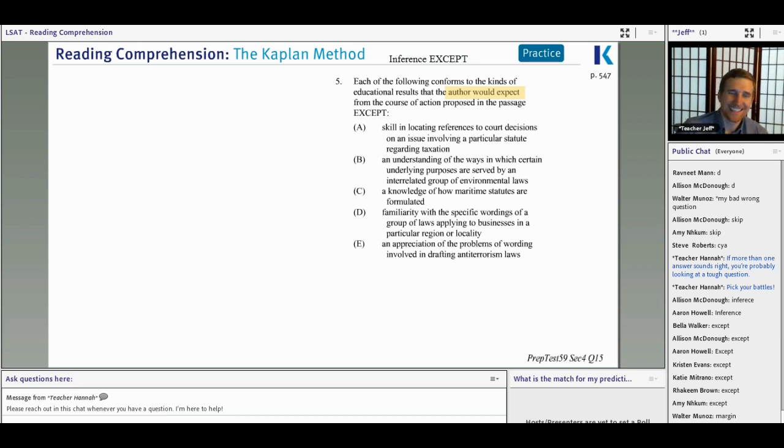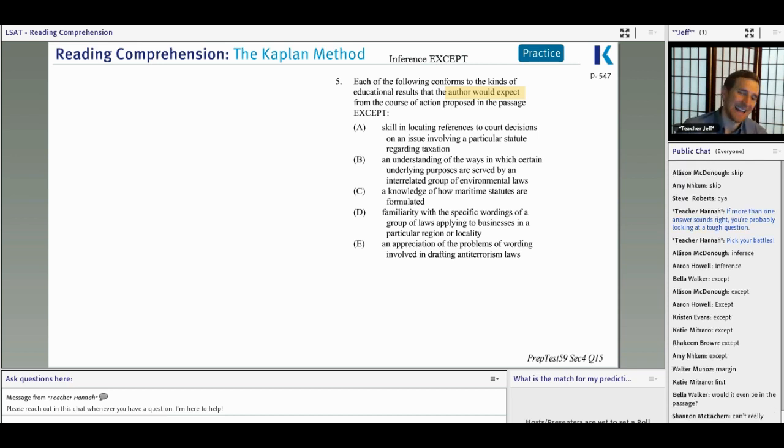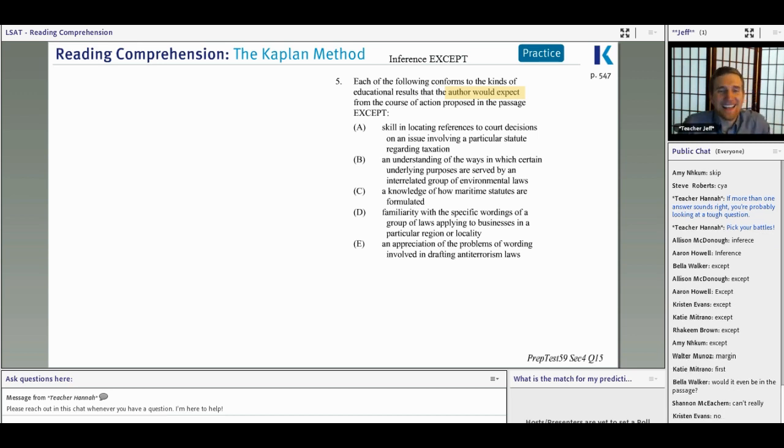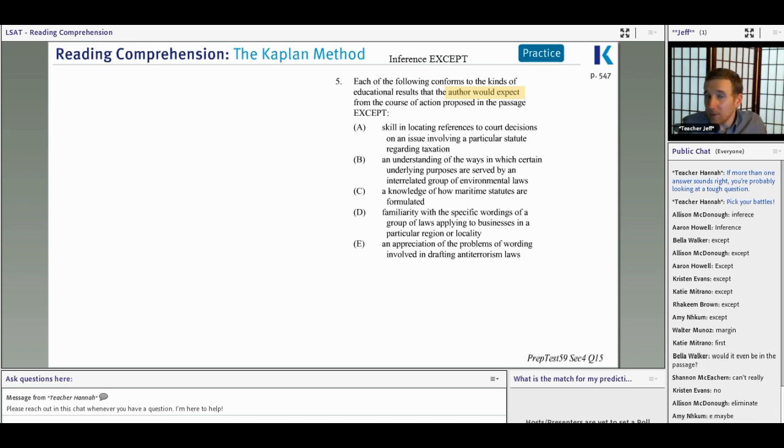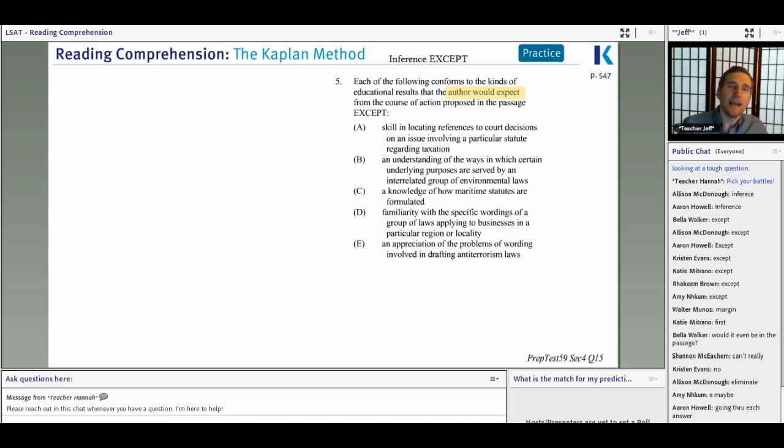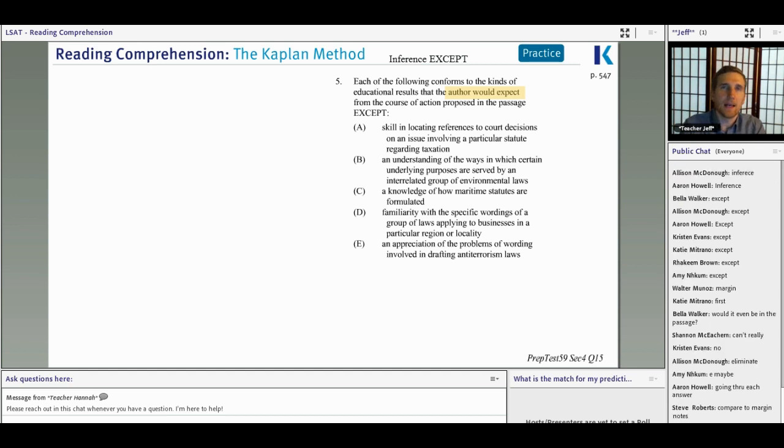Is there anywhere that will tell you what the author is not expecting to happen? Nope, it's not even going to be in the passage. So what's the only way you could solve this question? Probably elimination, right? You need to go through and find the ones that do align with what the author believes.